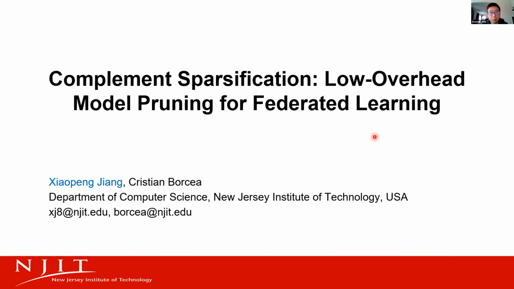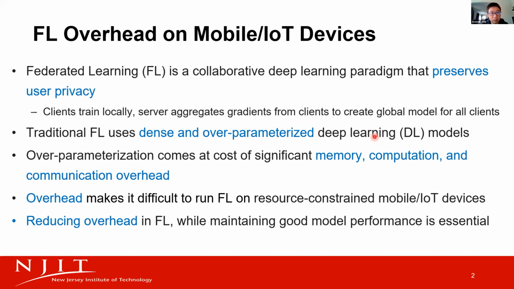The main idea is to have the server and the clients collaboratively and complementarily prune the models to create sparse models to capture the global data distribution and also the local trends at clients.